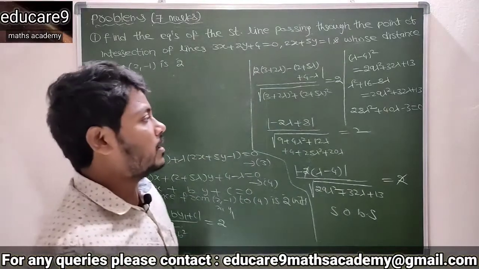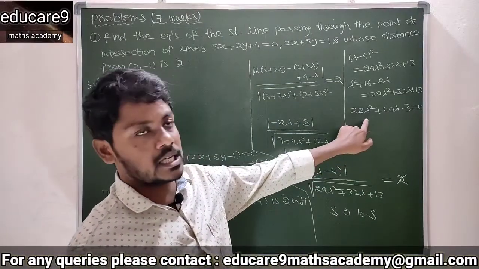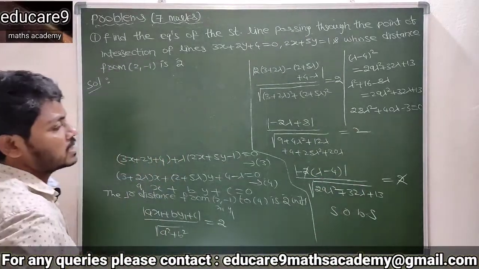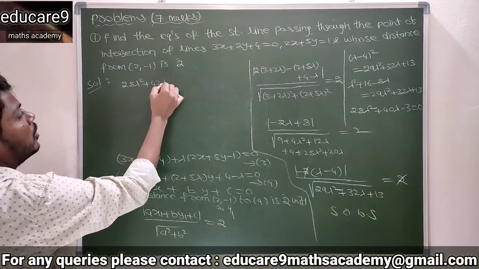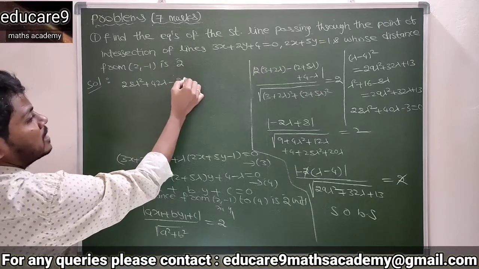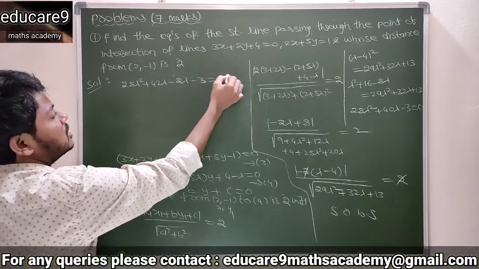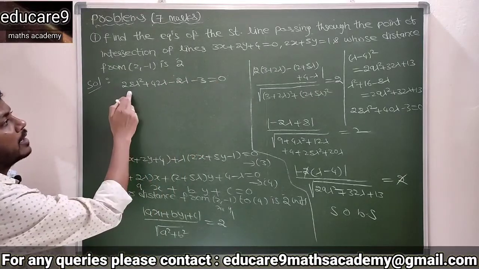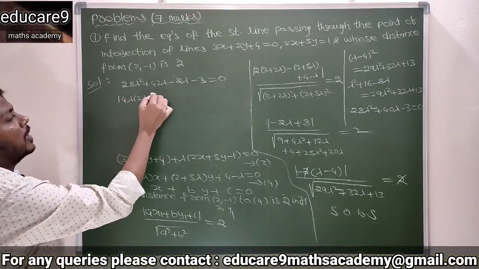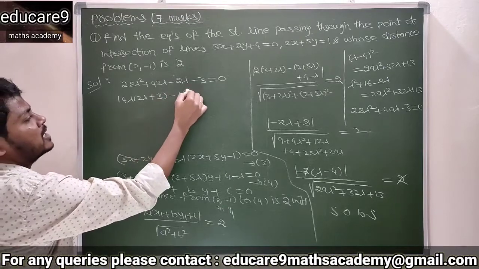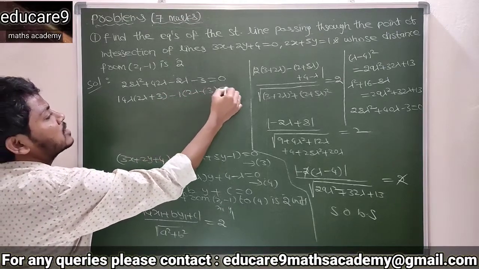See here, you need to find the factors. So what are the factors? 28λ² + 42λ - 2λ - 3 = 0. So 14λ is common, you will get (2λ + 3), minus 1 is common, (2λ + 3) = 0.